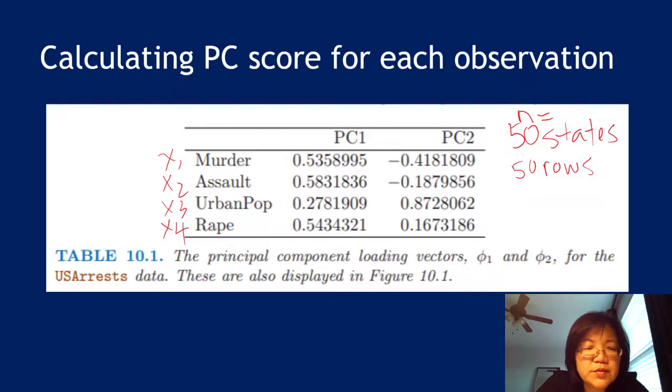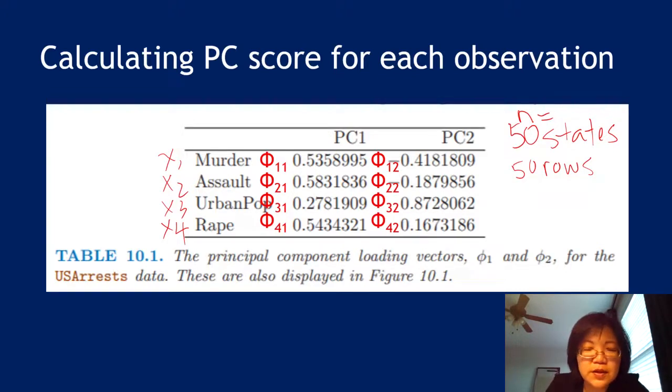So what we can do is run a principal component analysis and figure out the loadings for the first principal component and then the loadings for the second principal component. So these are your loadings, your phi1, phi2, phi3, and phi4 for each of the principal components.